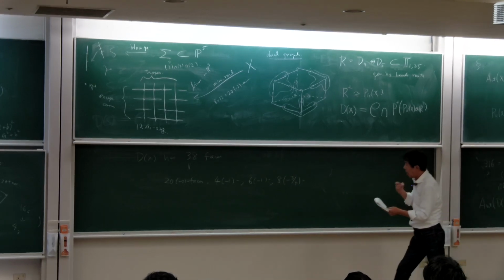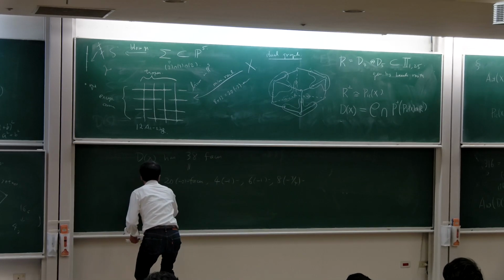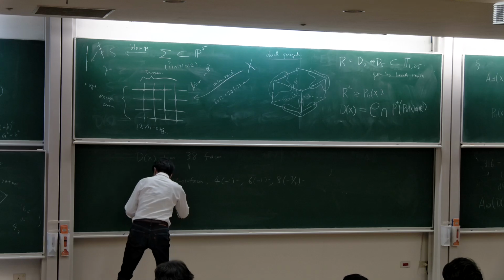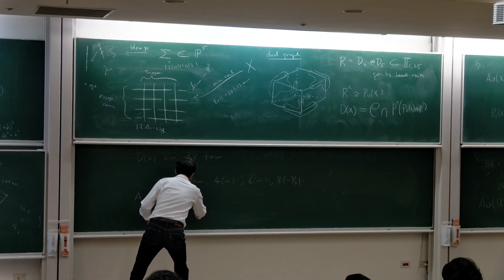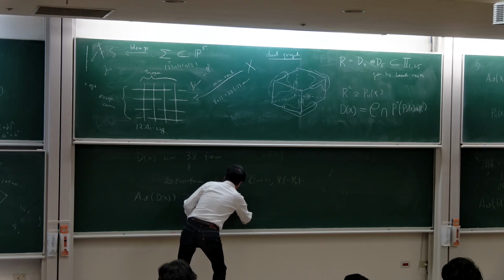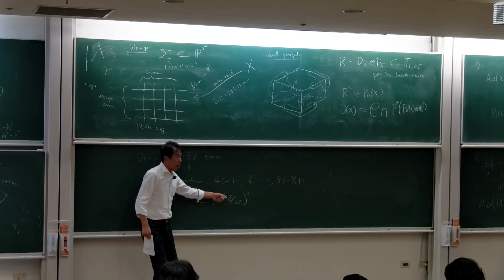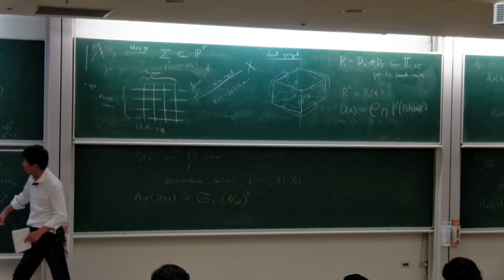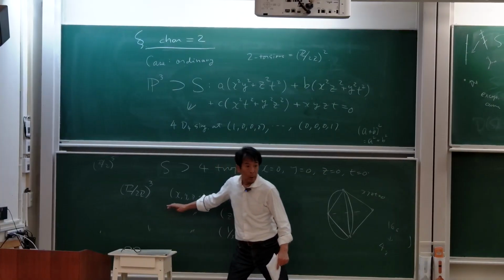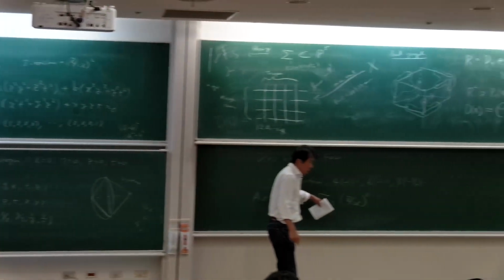And the automorphism group of this polyhedron is nothing but S3 semi-direct (Z/2Z) cube. So this group already appeared here, the involutions. Well, S3 appears naturally.